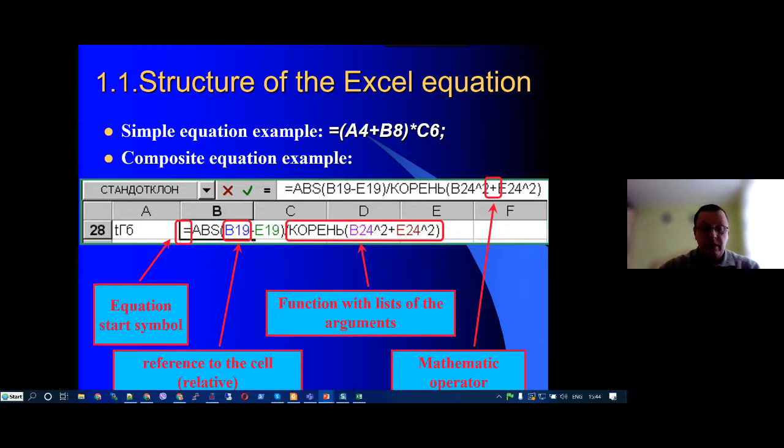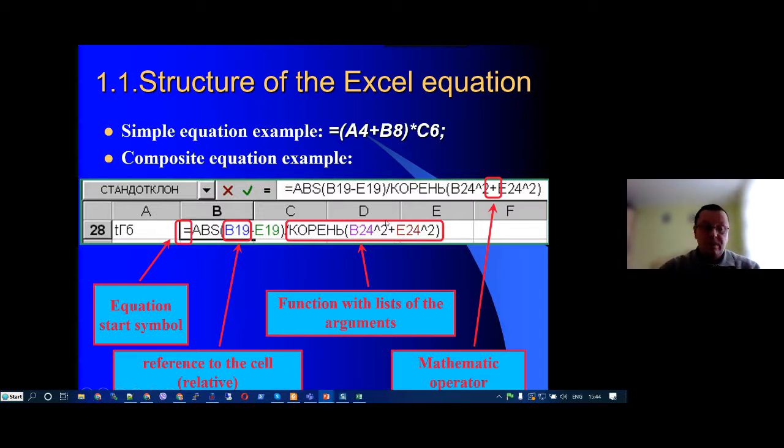Here we have two general types of calculation which could be implemented with a spreadsheet application: simple calculation, above, and composite, which consists of multiple arithmetical operators combined with various functions with multiple arguments, below.